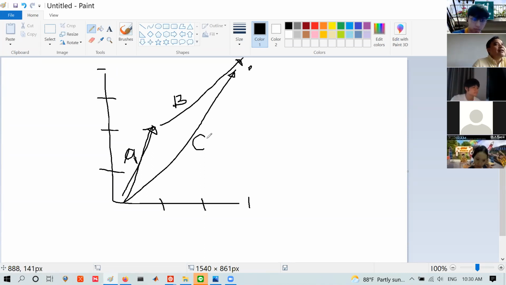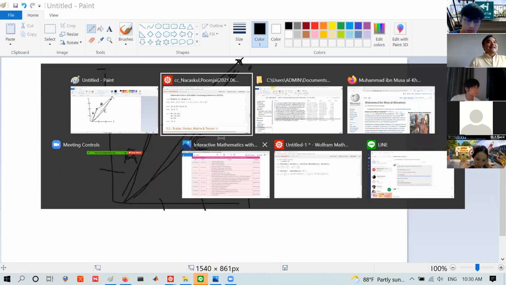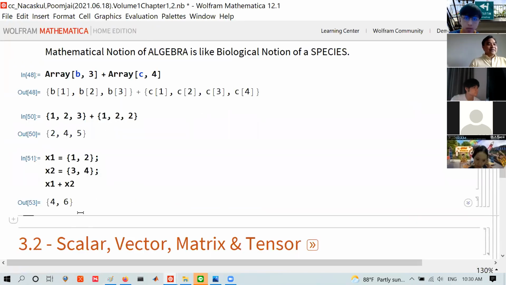The important part is that because Alice is two-dimensional, she can be added to Bob, who is also two-dimensional, and both of them produce a Charlie, C, who is also two-dimensional. So you say something like x1 plus x2 is equal to x3.